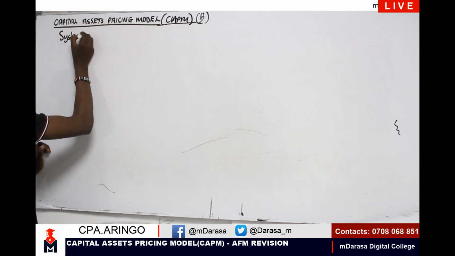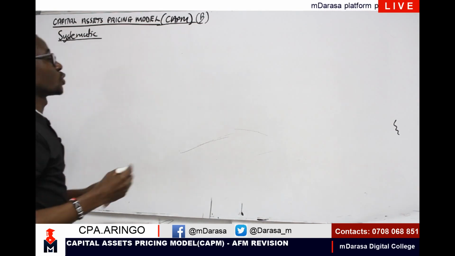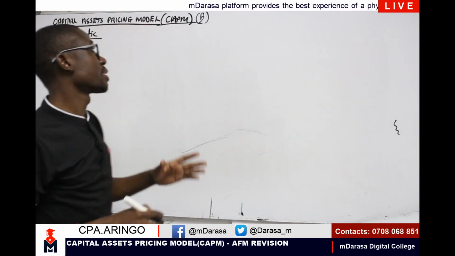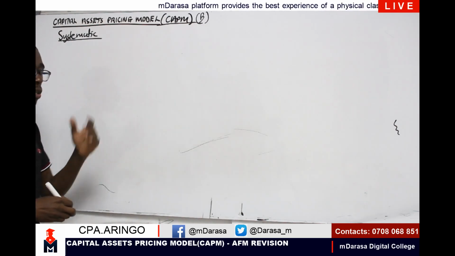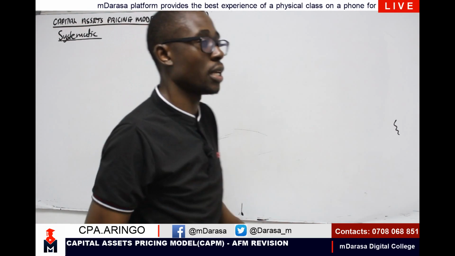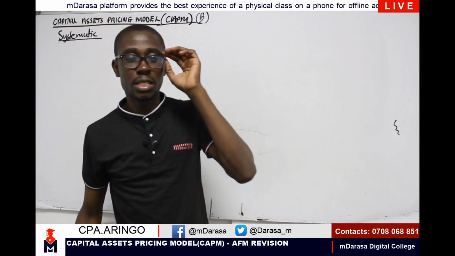In systematic risk, the company will not have control over what is happening in the market. The concept of systematic risk and where CAPM falls is what we handled in our last class. So to cement this concept clearly today, I want us to look at an illustration question.